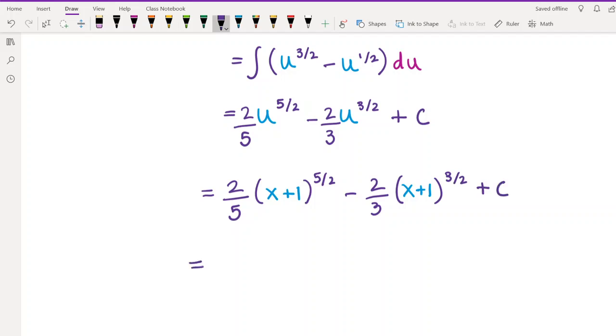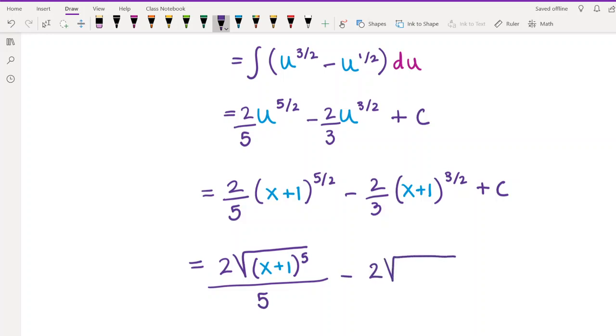And then a slightly nicer way of writing this would be 2 times the square root of x plus 1 to the 5th over 5 minus 2 times the square root of x plus 1 to the 3rd over 3 plus c.